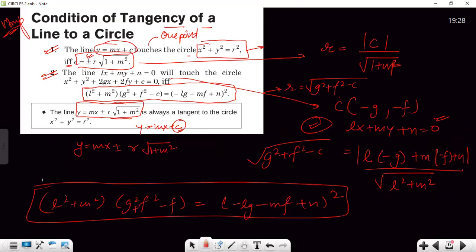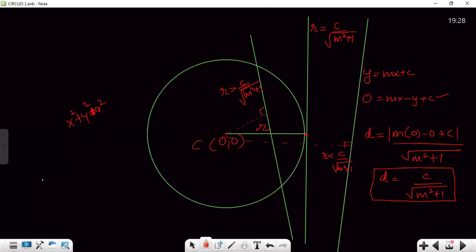So what you have to remember? You have to remember this condition very well.